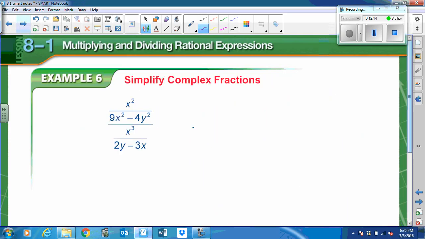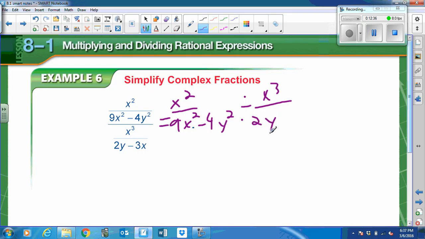Now simplifying complex fractions. You have to work with each one individually, and I prefer to write this out as a division problem, because this is basically x squared over 9x squared minus 4y squared divided by x cubed over 2y minus 3x.